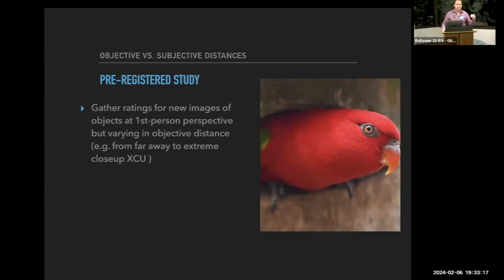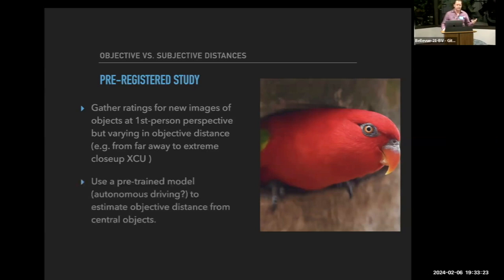Now we have a subjective measure of distance that we would get from the ratings, but I'd like to find some kind of objective way of classifying that distance as well. If anyone has an autonomous driving pre-trained model to recommend, I thought that might be a good way to quantify distance.